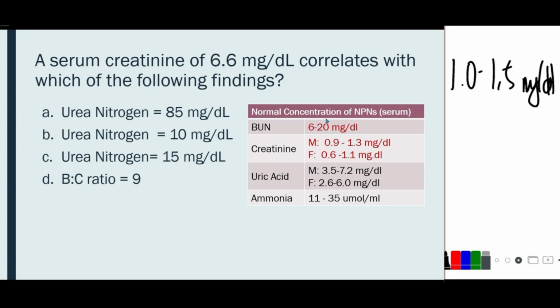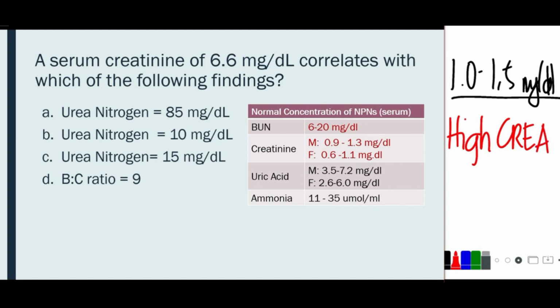And also, we have here the normal concentration of other NPNs such as that of your BUN, uric acid, and ammonia. So now that we know the normal value of your creatinine, we interpret that 6.6 milligrams per dL is a high creatinine value. So that's the first interpretation. The patient has high creatinine.